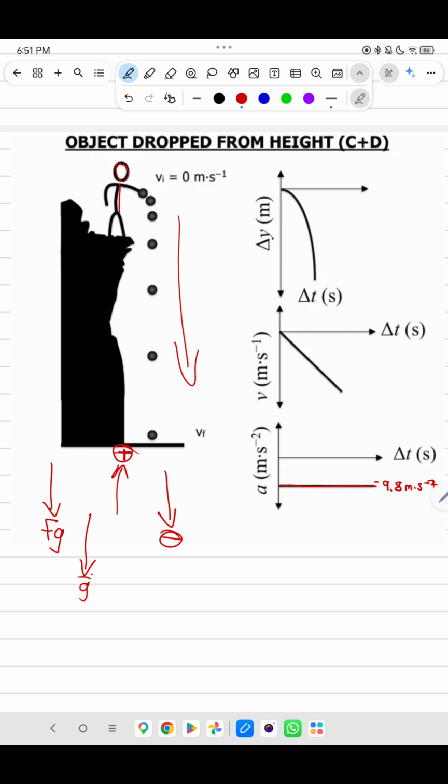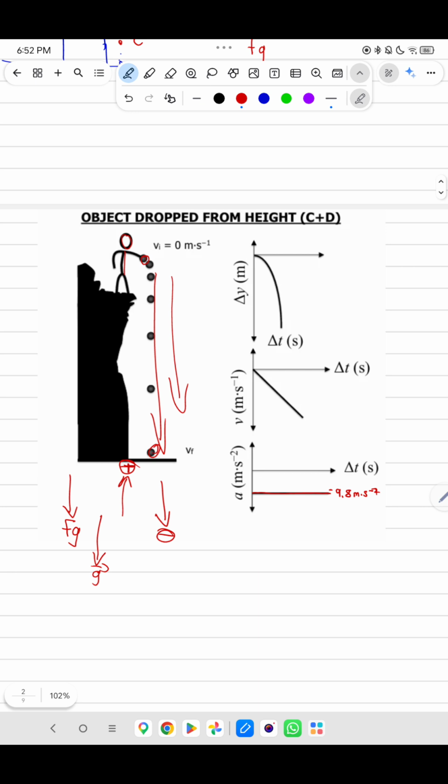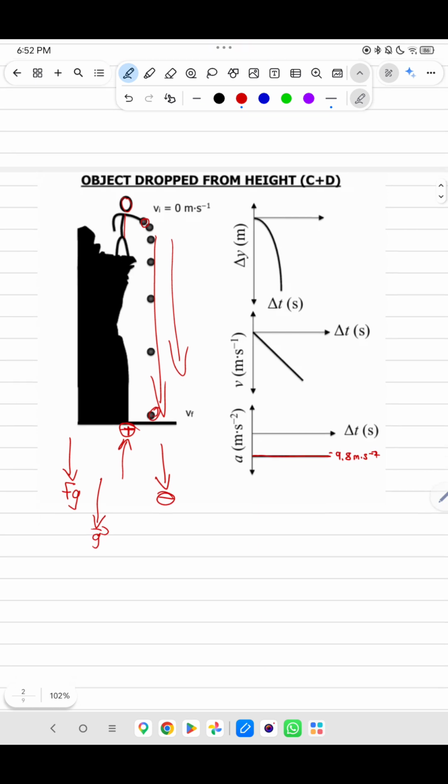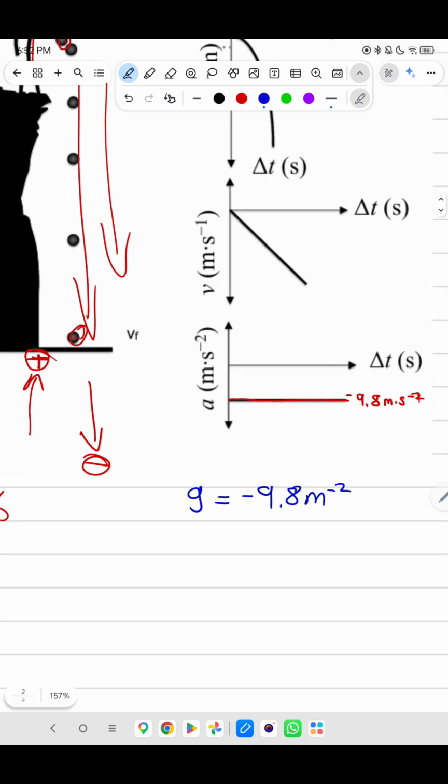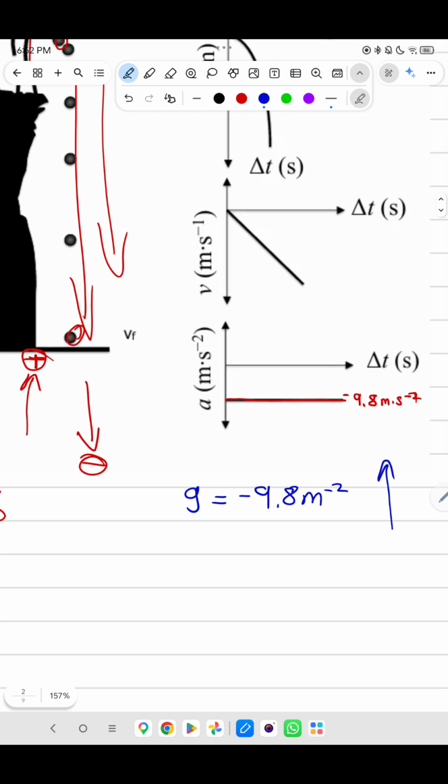The ball, as it goes down from here to here, its speed is increasing, meaning it's accelerating downwards. So the gravitational acceleration in this case, this g, is going to be negative 9.8 meters per second squared. Why is it negative? Because we chose up as positive.